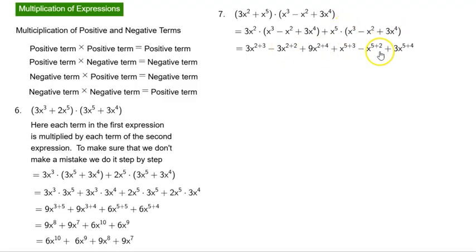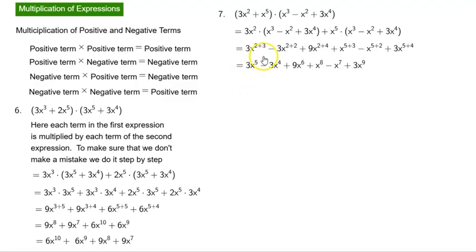So here we are not only looking at the coefficient and the variable powers, but also the sign. Plus times plus is plus, plus times minus is minus, and so on.